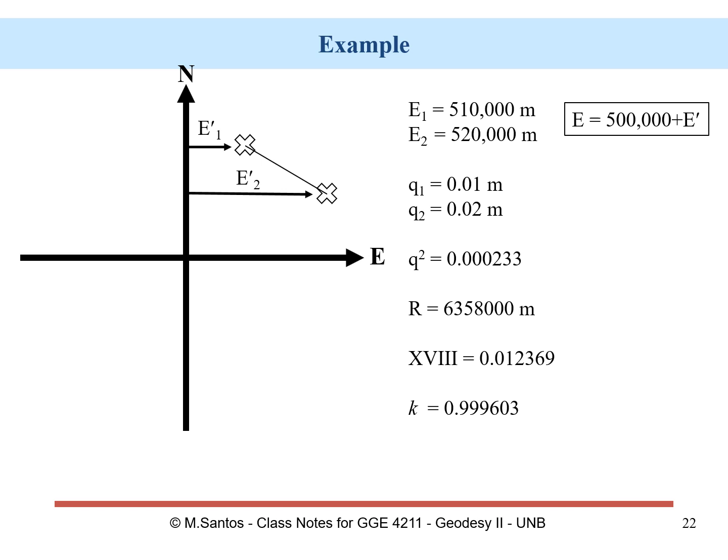The q squared is a function of these terms q1 and q2, which are basically 10 to the minus 6 times the difference between E prime and 500,000. So q1 is 0.01 meters, q2 equals 0.02 meters, and we can now compute q prime, which is 1/3 of the summation of q1 squared plus q2 squared plus the product of q1 and q2.